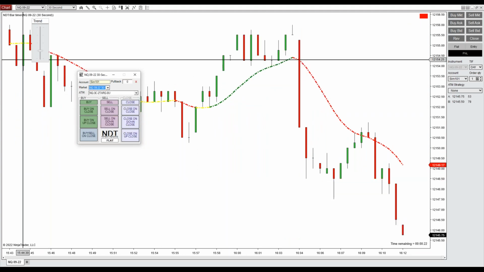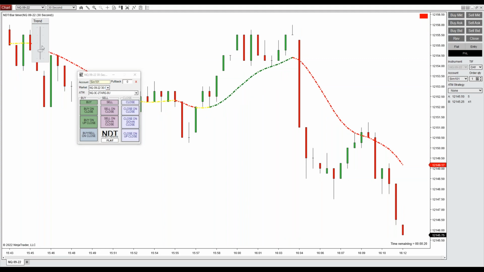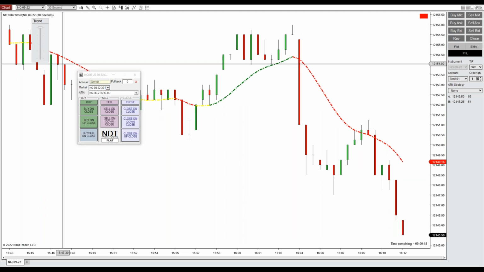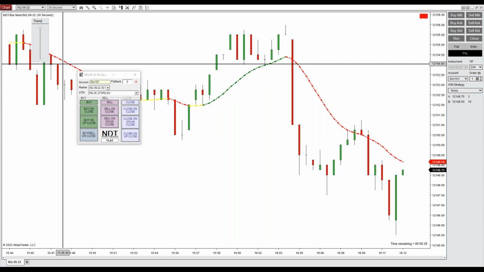Order filled. And now we're going to go to the upside. Let's get this thing stoking back up. And it's nice because it's moving quite fast on the 30-second candles.